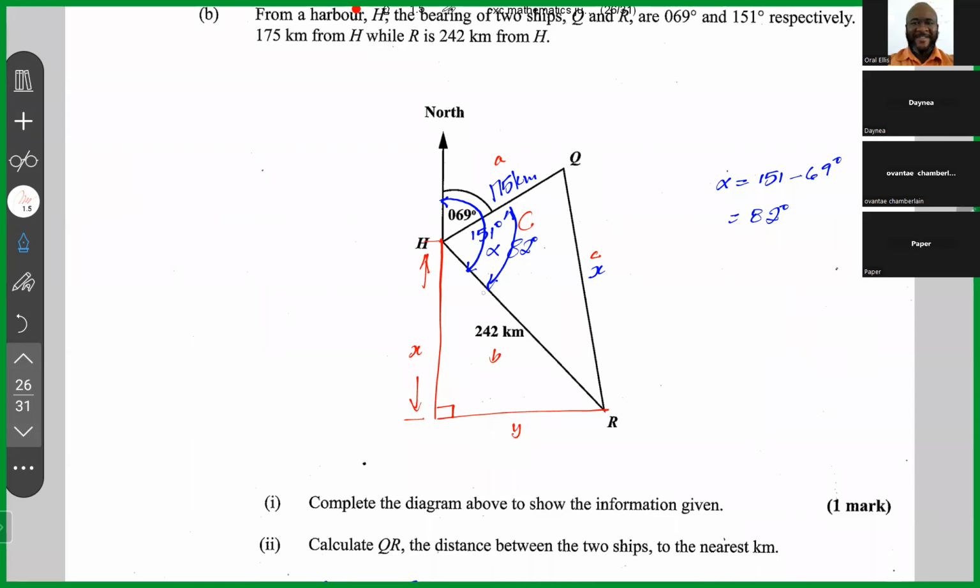So for starters, I need this angle. Let's call it theta. Theta would be equal to 180 minus 151. Theta there would be 29 degrees. Remember, I'm trying to find X, and this angle here is 29 degrees.